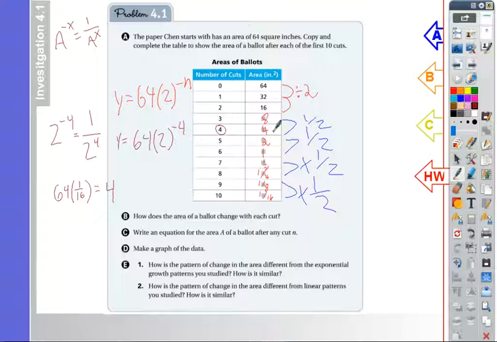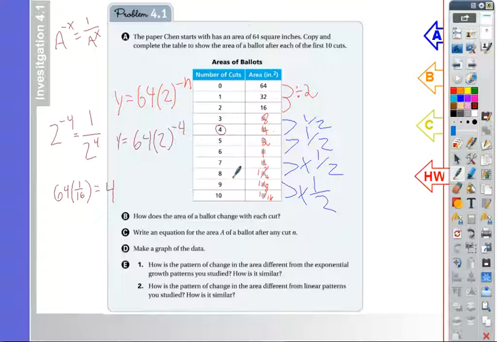Now, it's possible that an equation will work for one value of the table. That is very possible. But if it works for 2 or even 3, then we know it works for all of them. So I want you and your partner to pick one other point on this table, other than 0, and see if it works.